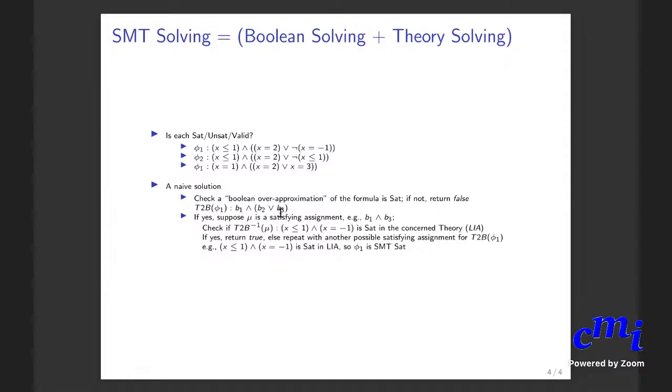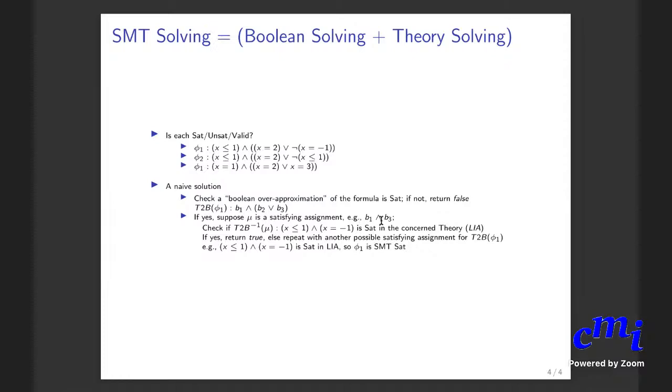Now, this, when considered as a propositional formula, is obviously satisfiable, because you have thrown away the information about the actual theory atomic formulas. It is satisfiable for more than one assignment. For example, if both B1 and B3 are true, then it is satisfiable, among other satisfying assignments.